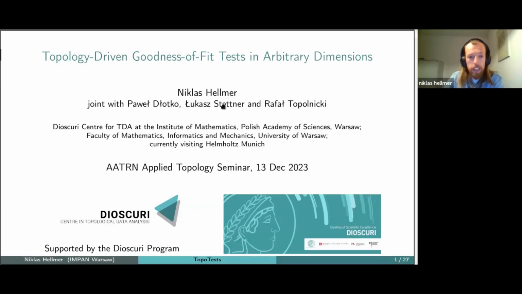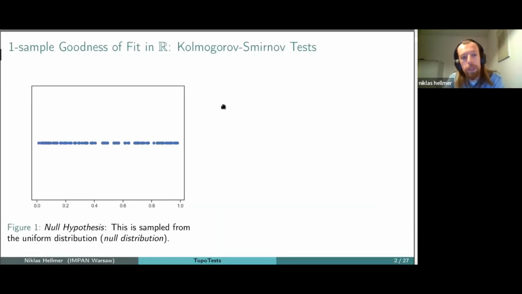So let me start with the problem statement, namely, what is a goodness of fit test? Because this is going to be mostly a statistics talk given to perhaps not a statistics audience. If you have some point sample, you might wonder whether it follows a certain distribution.